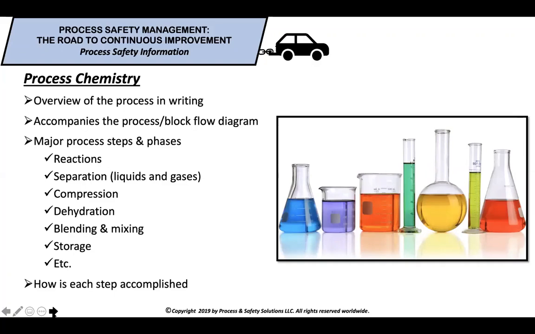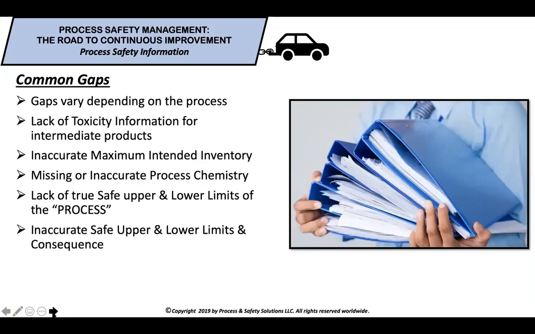Nothing wrong with having those details, but not necessarily in your process chemistry overview. It should include the major steps and phases, things like reactions, separations of liquids and gases, compression, dehydration, blending and mixing, storage, etc. And really how each step is accomplished, again, in very basic terms.